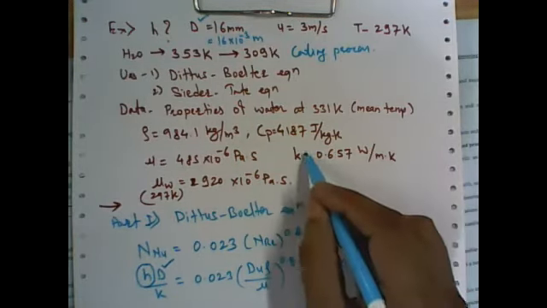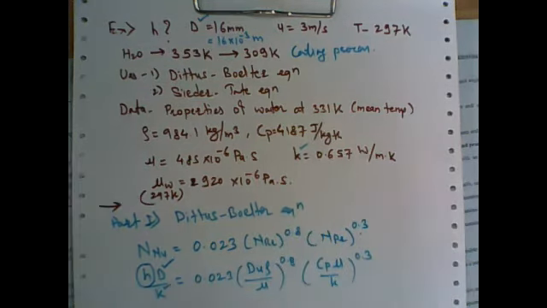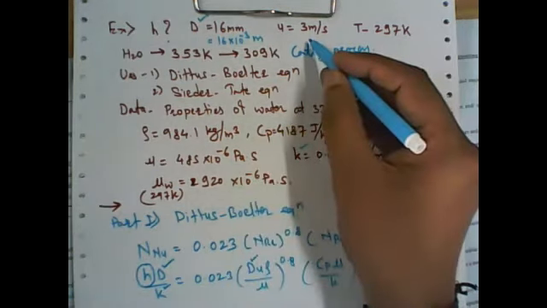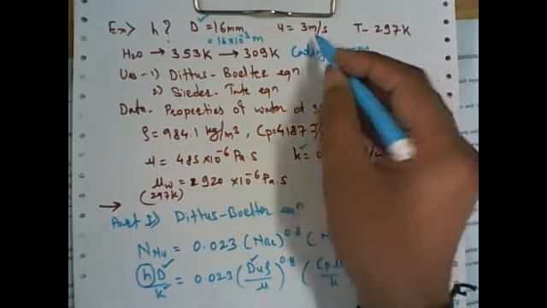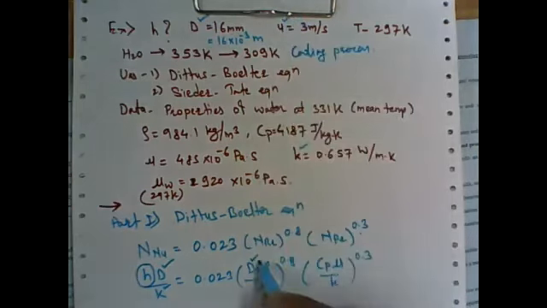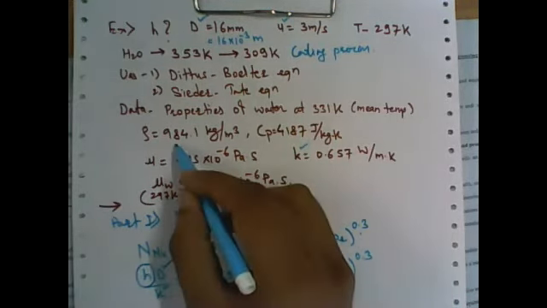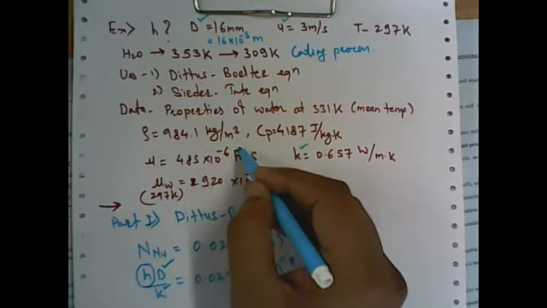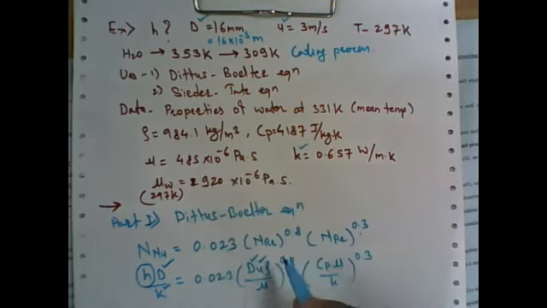So k is given. Then 0.023, that is a constant. Diameter we have already discussed. Then velocity is given in this example, that is 3 meter per second. Then density is 984.1 kg per meter cube, so it is in SI unit.